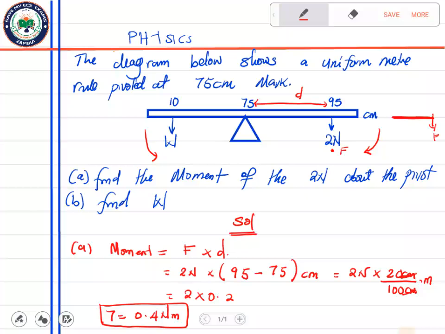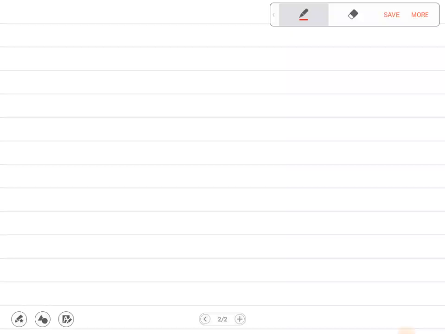So how do we do that? To do this, follow me. So by the principle of moments, we are going to say force 1 multiplied by distance 1 should be equal to force 2 multiplied by distance 2. In this case, this part here represents anticlockwise, and this distance here represents clockwise.